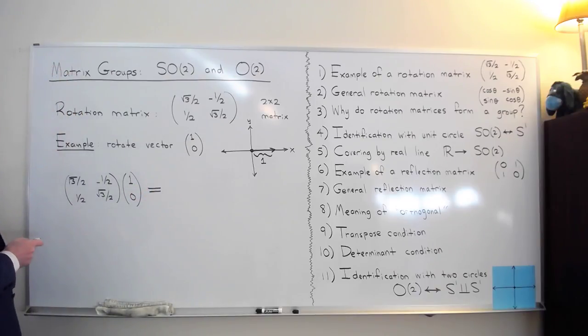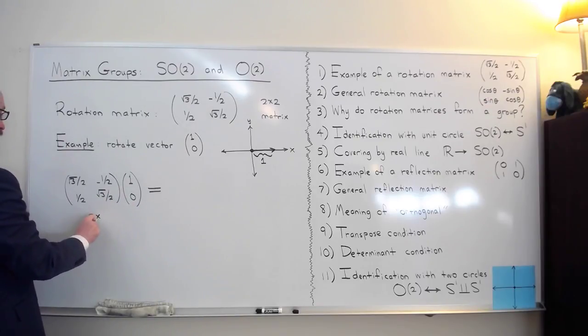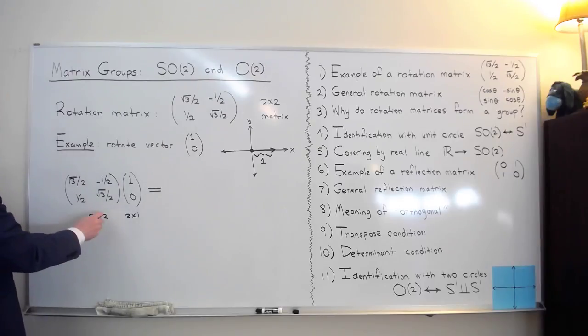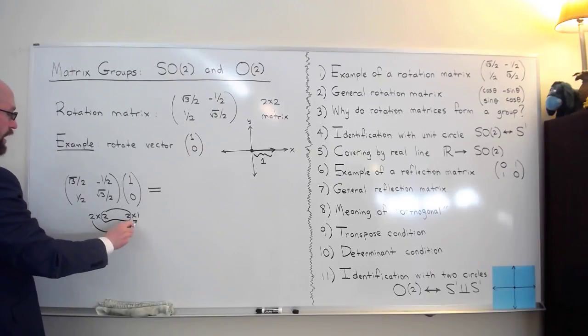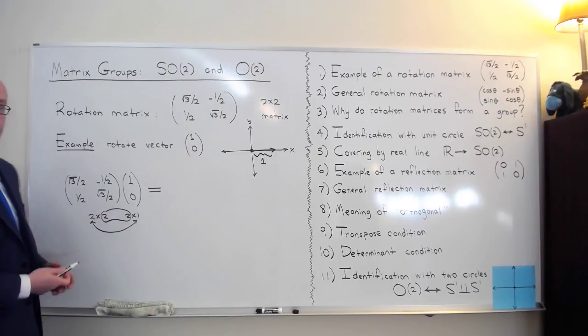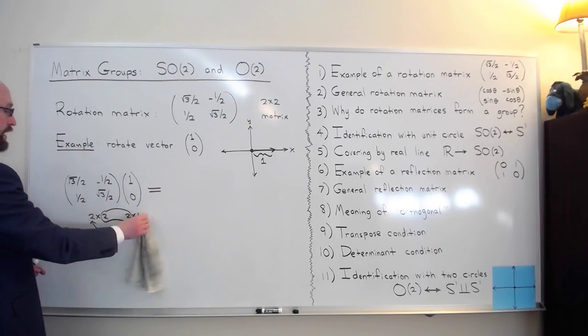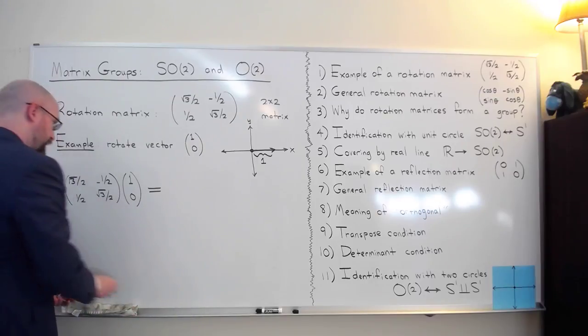Well, you remember from before, this was a 2 by 2 matrix. This is a 2 by 1 matrix. The product is defined because these middle numbers agree. And the resulting matrix will be a 2 by 1 matrix because those are the outer numbers. So 2 by 1 will mean that it's once again going to be a column vector as we think of it.